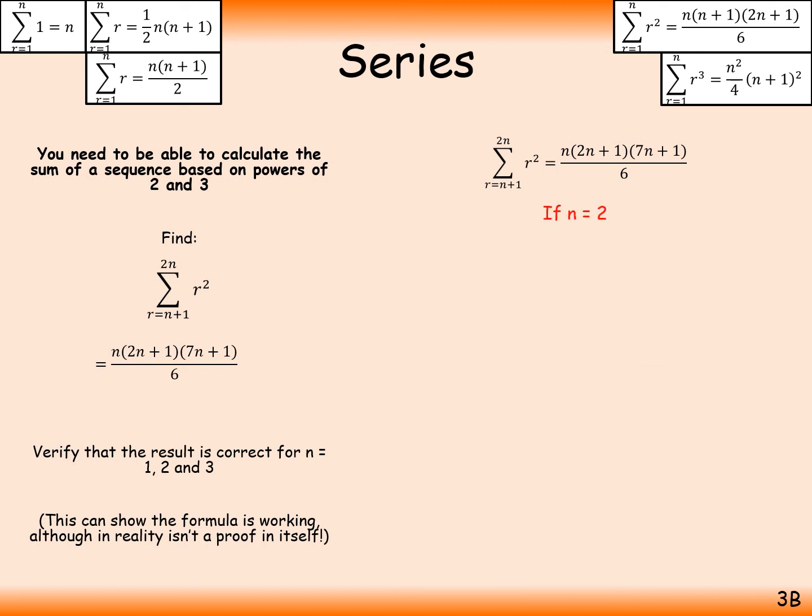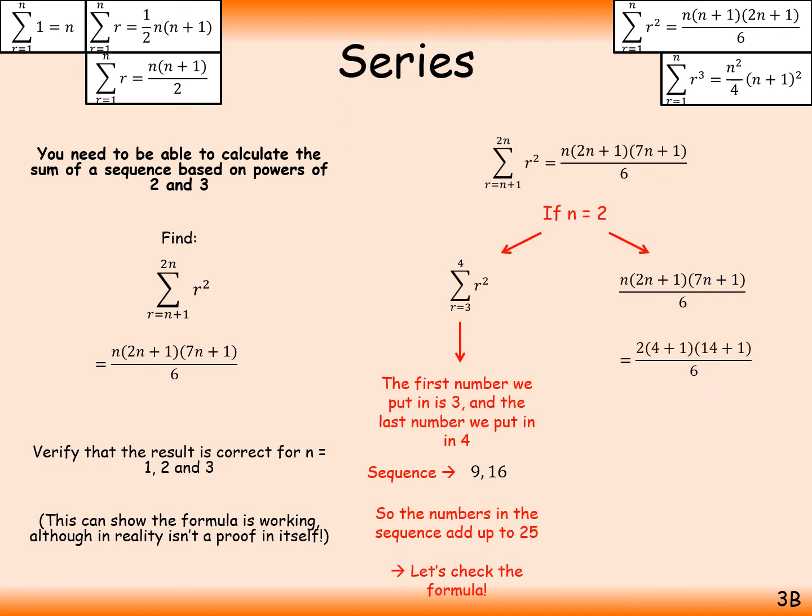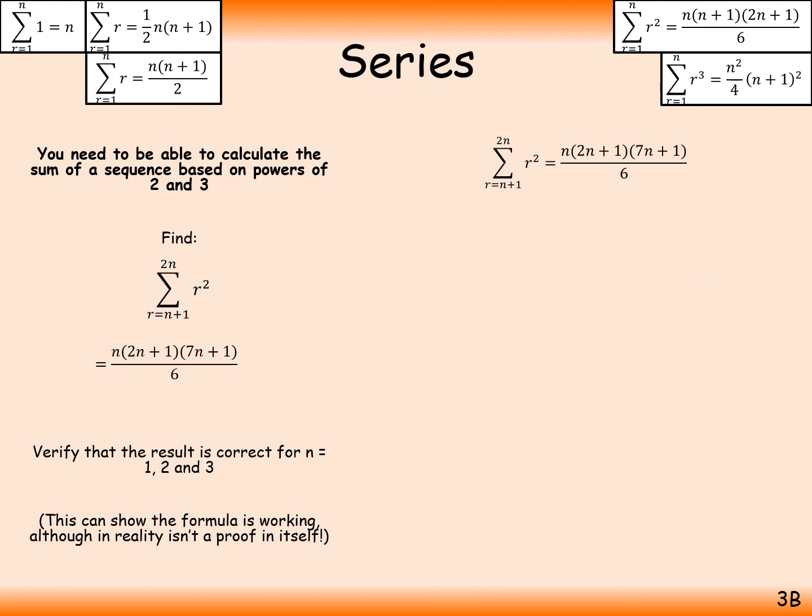And now if we try with n equal to 2, okay, so the first number we put in is 3. So we have 9 and 16. So the numbers add up to 25. So now if we check with the formula, substitute into the formula, we get 25. And same with n equals 3.